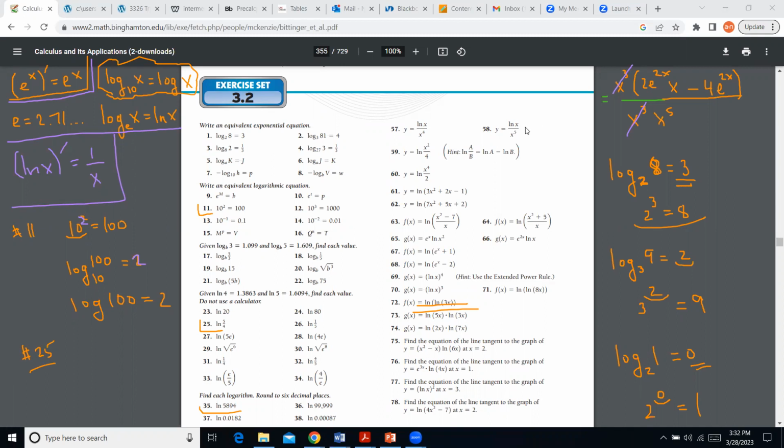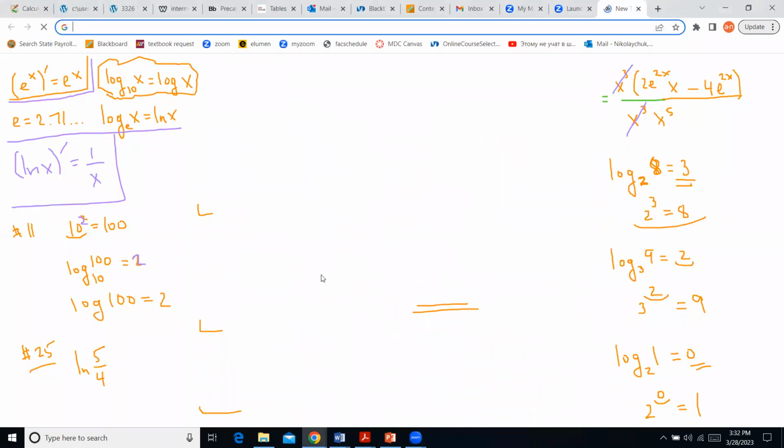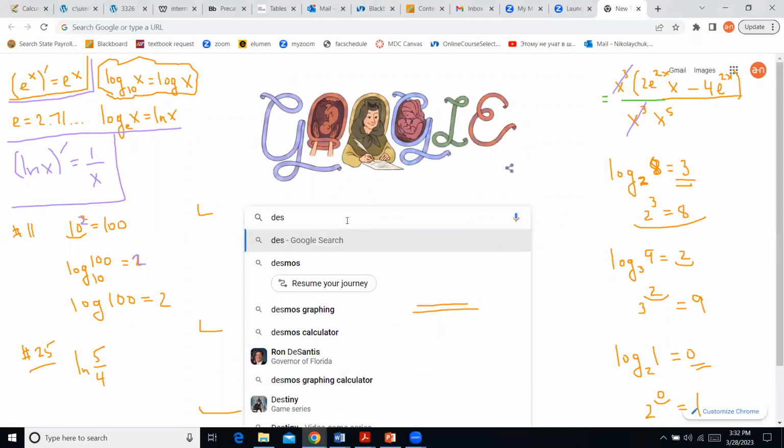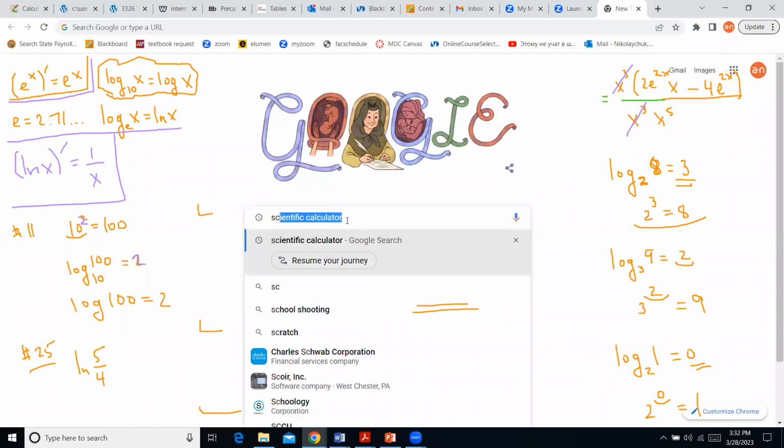So if I find my favorite scientific calculator and put ln of 5/4 in it, then you can just go for that favorite. Oh, actually, we used to go scientific calculator.